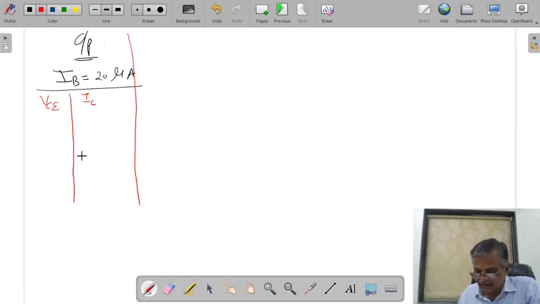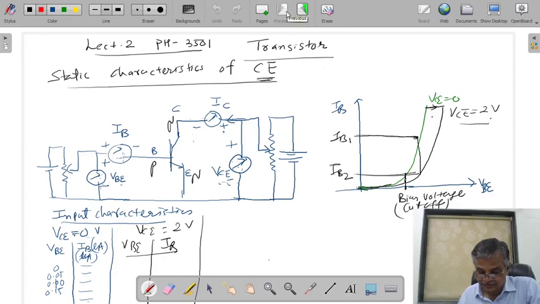So what am I doing? I am keeping this current fixed, 20 microampere. Now I am changing VCE in suitable steps and noting down the corresponding value of the collector current.